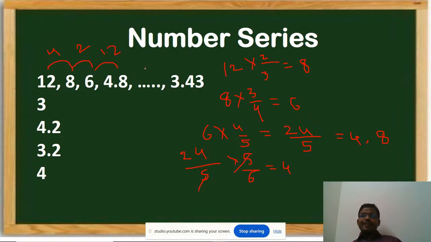So the answer is 4, but does 3.43 also follow the same logic or not?